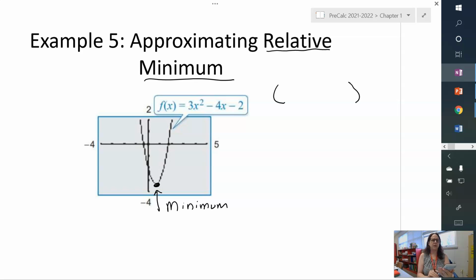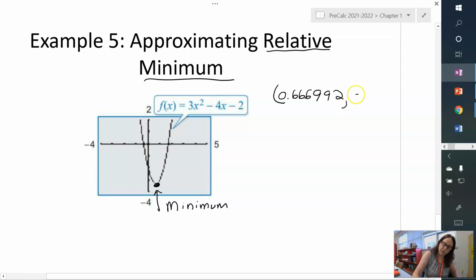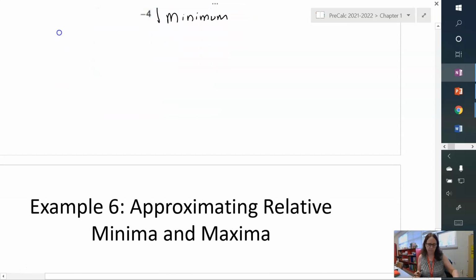I'm going to hit enter again, and then hit enter a third time, and it tells me that my minimum is at 0.666692. And the y is negative 3.3333. So that's the coordinates of our minimum.